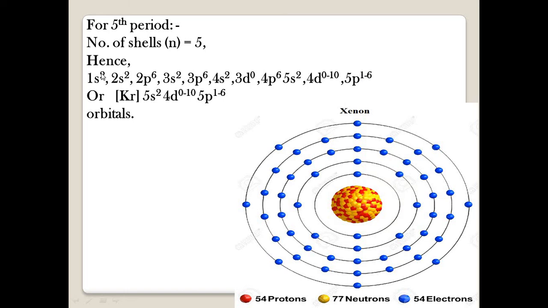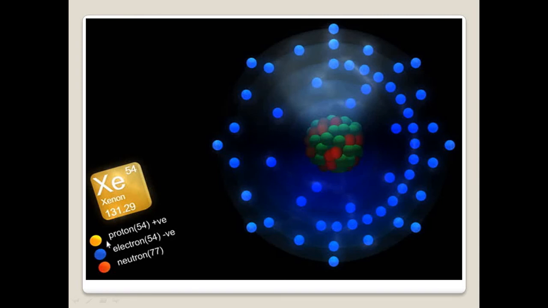Okay, for krypton, that is in square bracket. So the electronic configuration of xenon is 5s2, 4d 0 to 10, 5p 1 to 6 orbitals are there for xenon. Same as we see here, this is the colored picture of xenon.